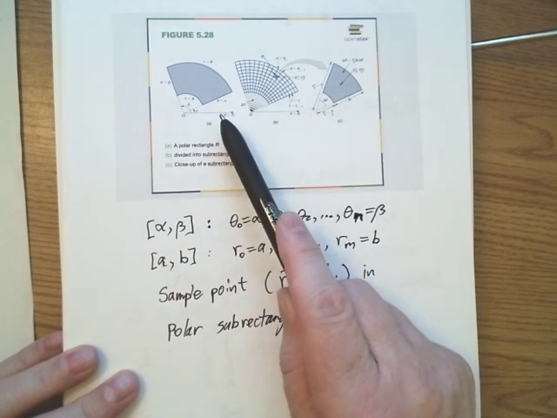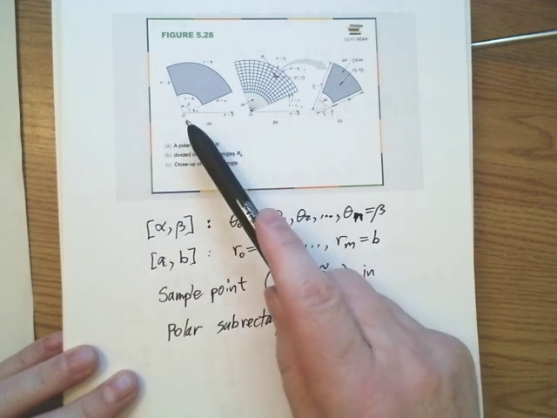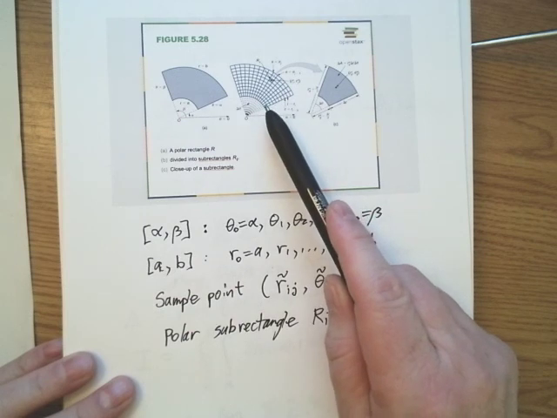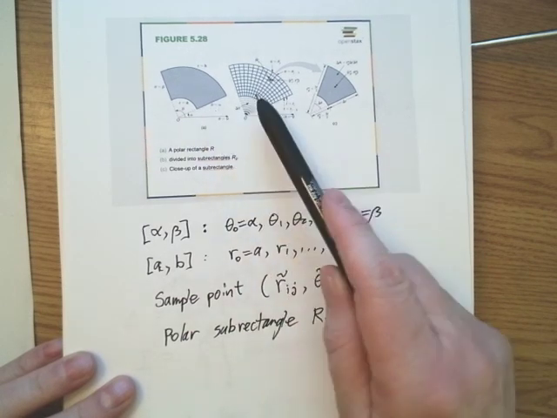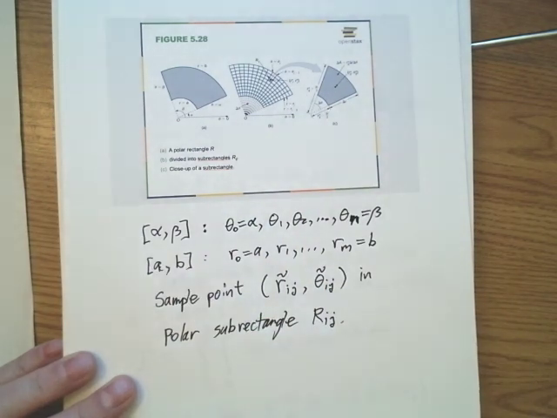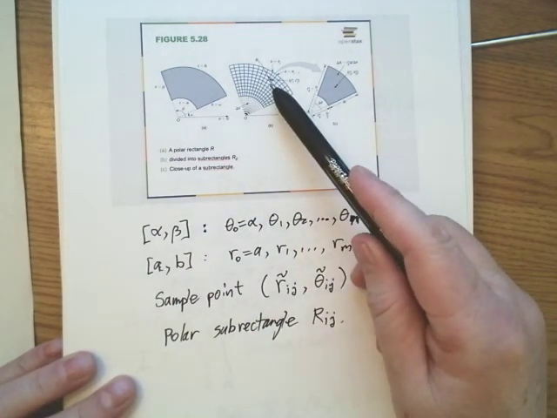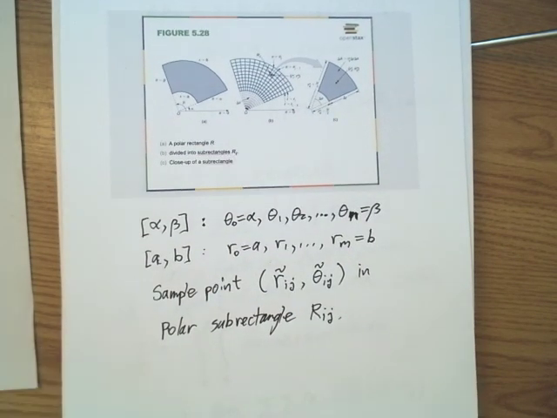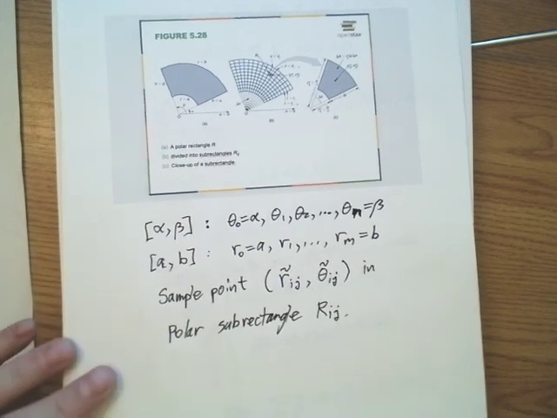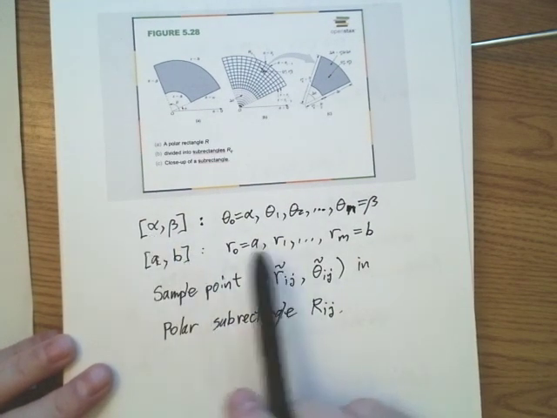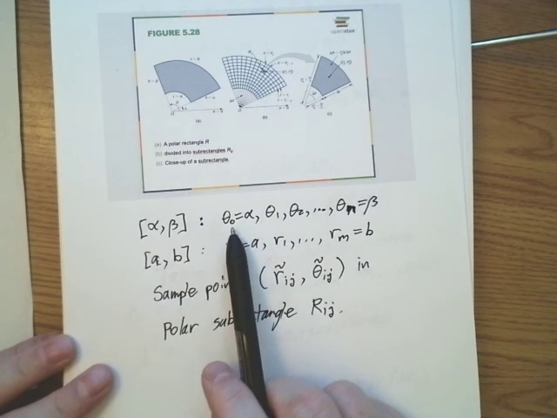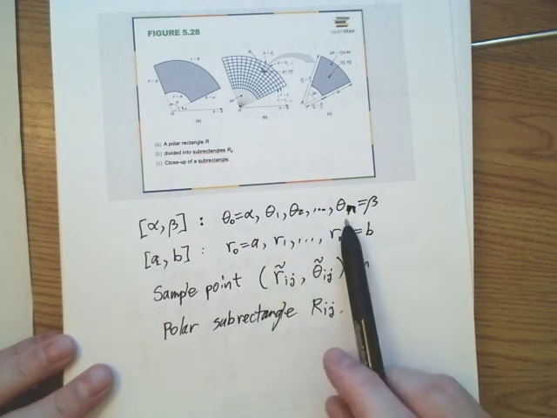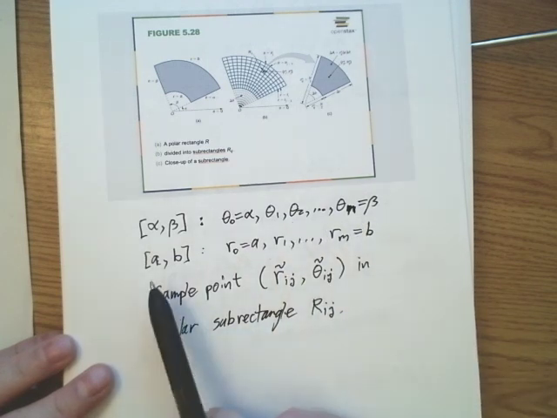Theta goes from alpha to beta, and r goes from a to b. The idea we were chatting about was that you partition this polar rectangle into a bunch of smaller polar subrectangles. So I'm going to imagine partitioning the interval from alpha to beta: theta sub 0 is alpha, then theta 1, theta 2, all the way to theta sub n, which will be beta.